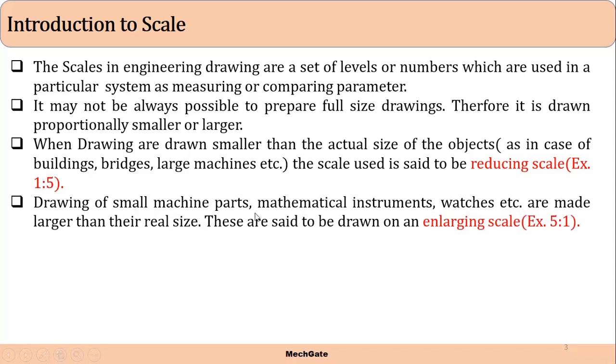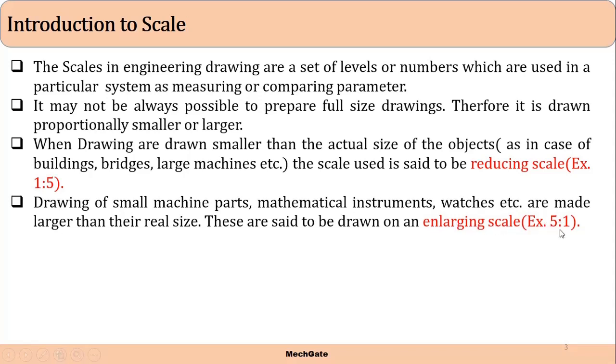Drawings of small machine parts, mathematical instruments, and watches are made larger than their real size. They are said to be drawn on an enlarging scale. We know wristwatch components are very small, we cannot see them with the naked eye. So to prepare a drawing of such small objects, we have to proportionally increase the dimensions of the object. For that purpose the enlarging scale is used.